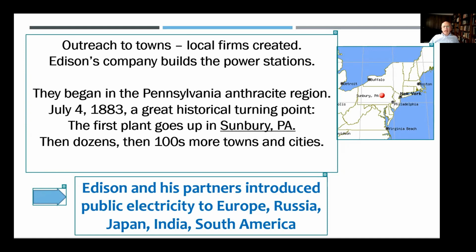This is a shift, a universal shift in human history that took place. Really, you could say, you could date it from July 4th, 1883, when the first plant went up in Sunbury. Now, you also know that he made partners, particularly Rathenau of Germany, and electricity was introduced both by Edison and Rathenau all over the world.